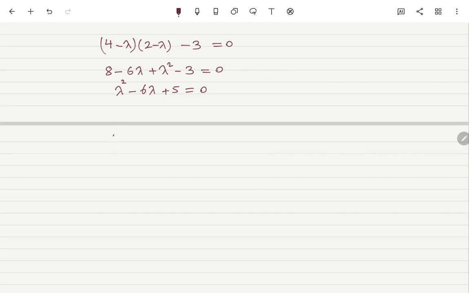Or we can write (lambda minus 5) times (lambda minus 1) equals 0. So lambda could be 5 or lambda equal to 1. Therefore, the system has non-trivial solutions if lambda equals 5 or lambda equals 1. Other than that, the system will have trivial solutions.